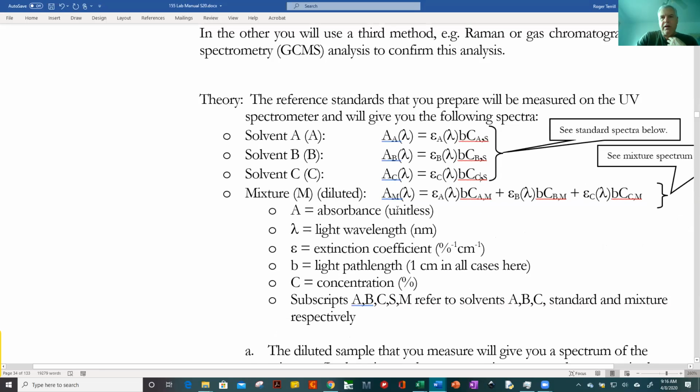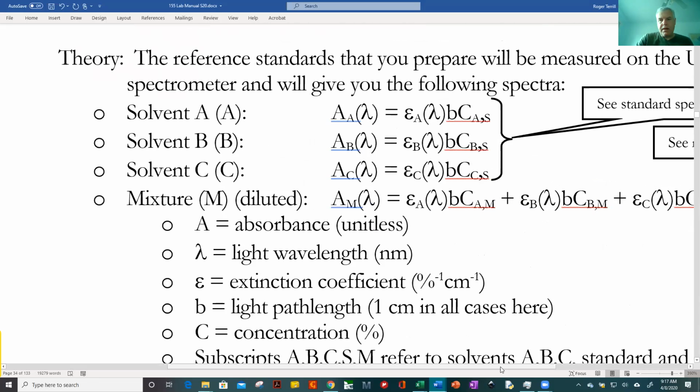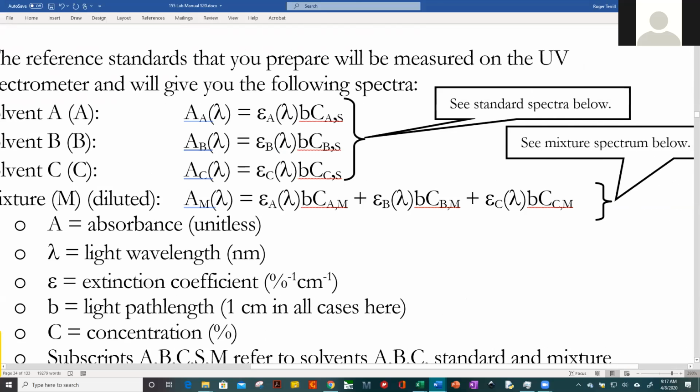Now, the diluted mixture here has a measured absorbance A, a known epsilon A, a known epsilon B, a known epsilon C. Then it has three unknown parts, Ca, Cb, and Cc, and these are the concentrations in the mixture, right? Ca comma M, right? Make sense? Yeah.